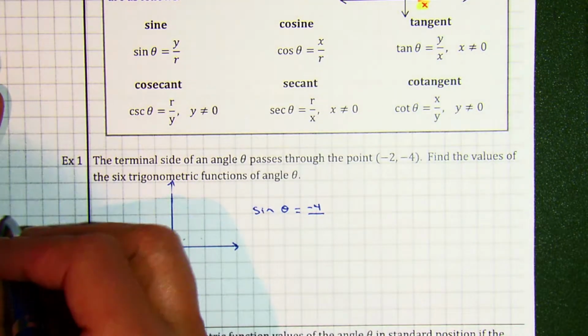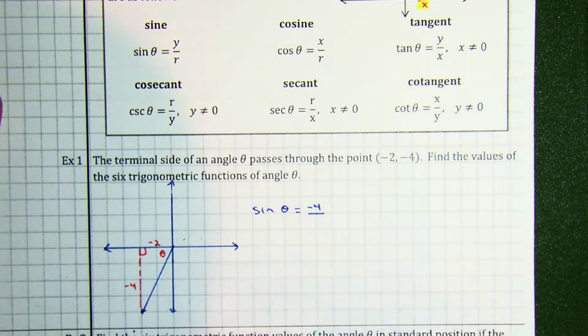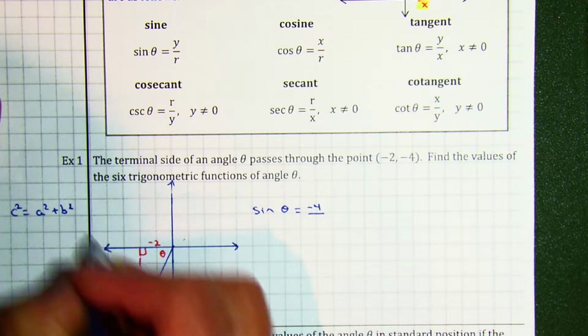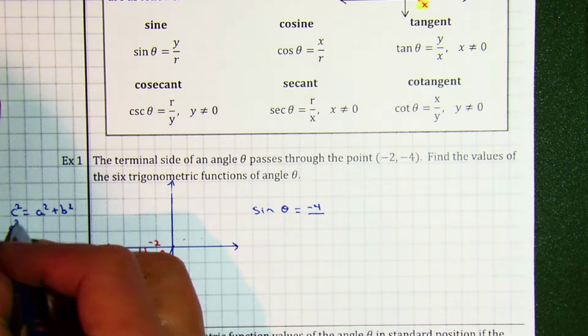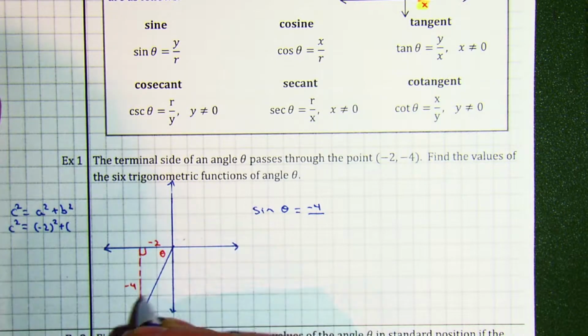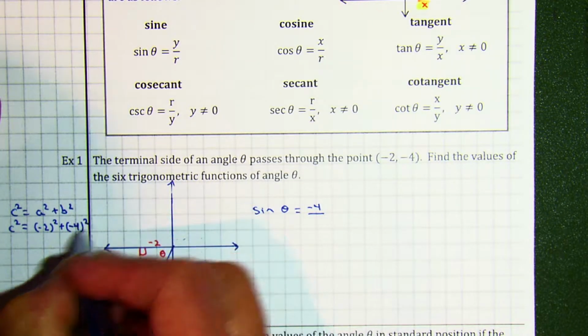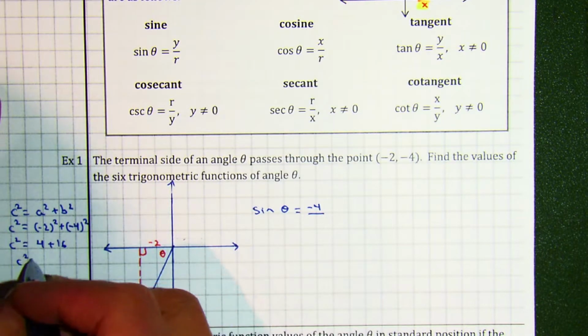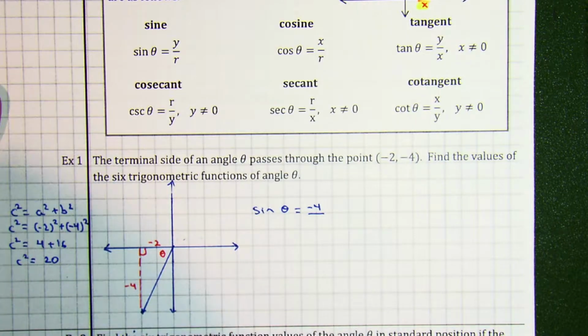So I'm going to use my Pythagorean theorem and find the radius. C squared is equal to a squared plus b squared. So therefore, c squared is equal to -2 squared plus b will be -4, or vice versa. C squared is equal to 4 plus 16. C squared is equal to 20. We'll go and take the square root on both sides.